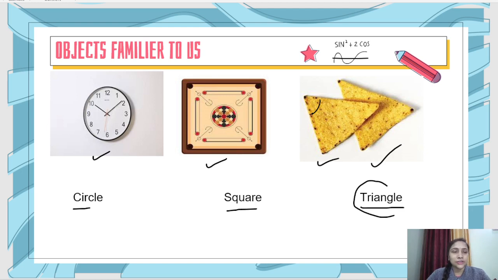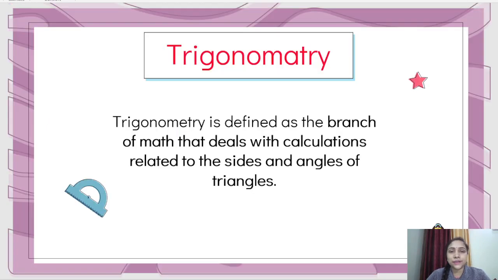So let's see what the definition says about trigonometry. Trigonometry is defined as a branch of maths that deals with calculations related to the sides and the angles of triangles.